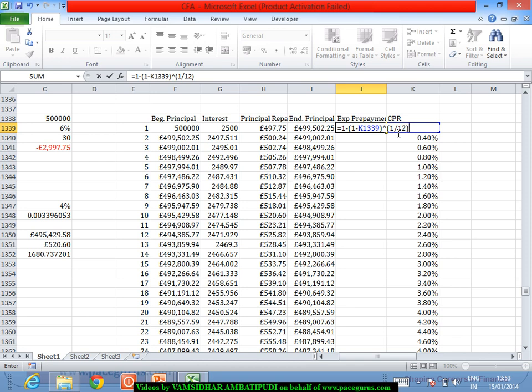That is the SMM. Multiply this SMM by whatever is the principal outstanding minus whatever is the scheduled principal that needs to be paid during this particular month. So it comes out that this is the expected prepayment.